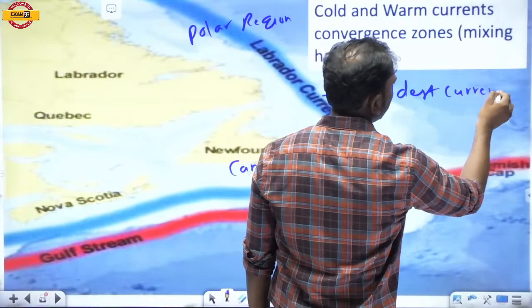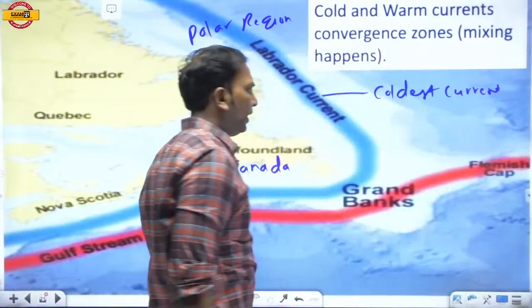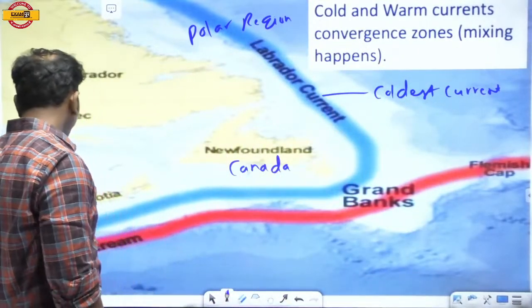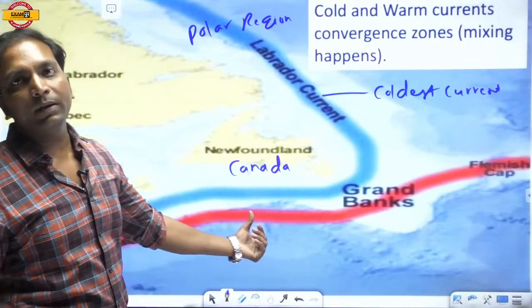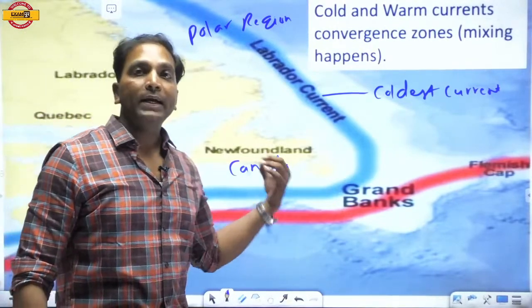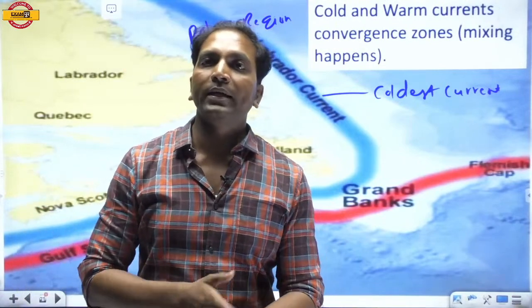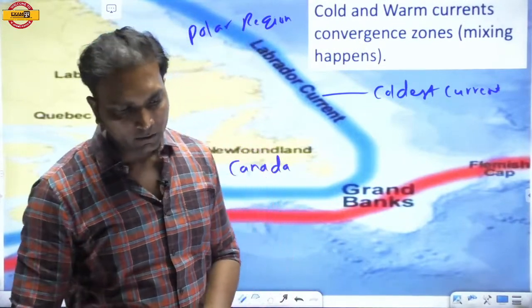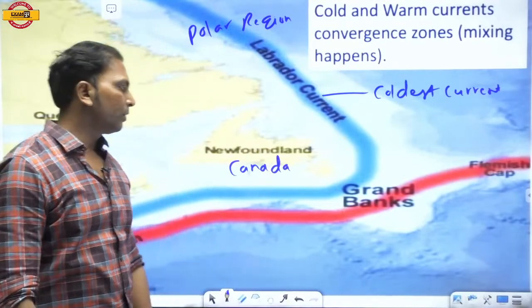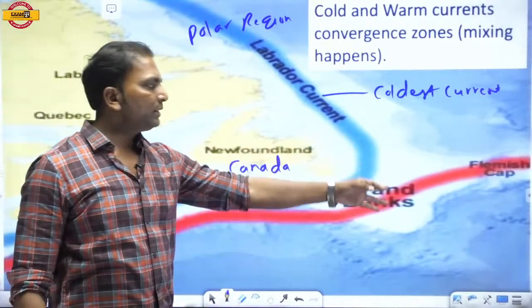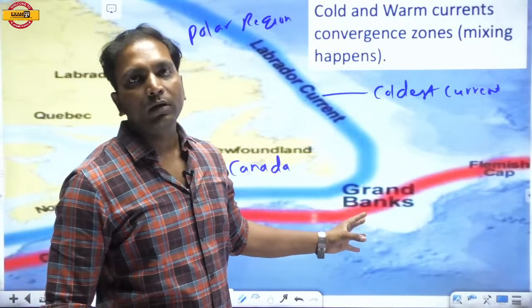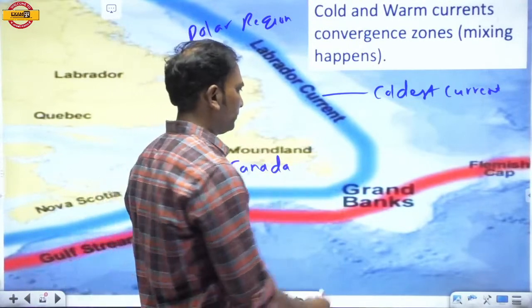Okay, and on this side the Gulf Stream is coming from Cape Hatteras, and it is generated by the mixing of the Florida and the Antilles currents. When these two mix at this place, that is the region of the Grand Banks.